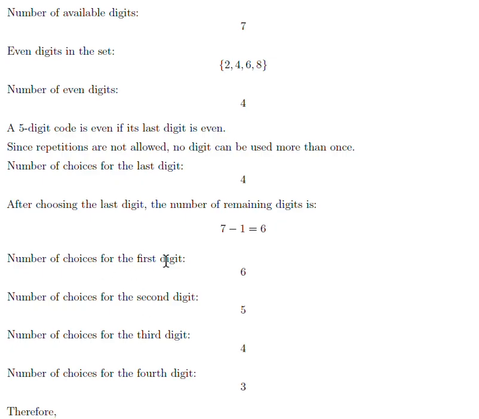Right? And then the second position, at every instance that our first position has taken one number, the second position is left with 5 digits, because our first position has taken a number and our last position also has taken a number.